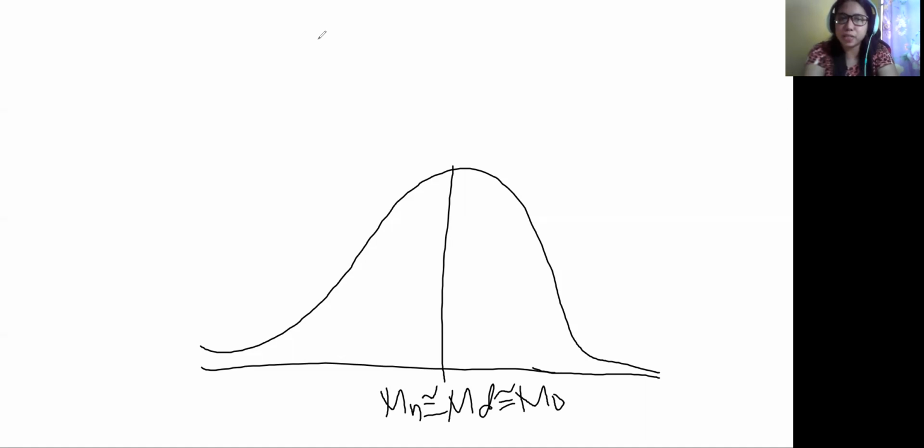Or if, of course, it is a perfect normal curve, then the values of the mean, median, and the mode are the same.